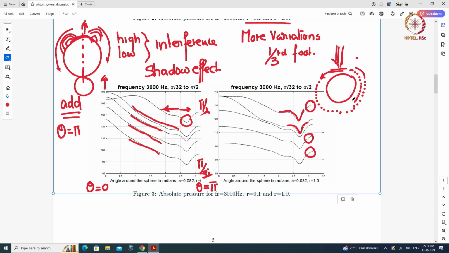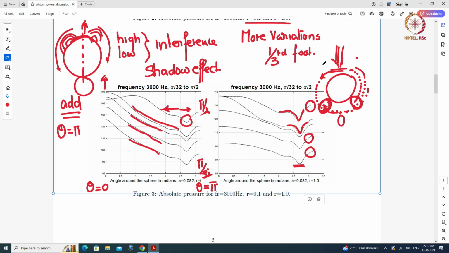But now as this wave from this side moves over to the left, it is in phase here, but a little distance away it is out of phase. So at some angle there is going to be a partial cancellation. Similarly on this side because of symmetry. So that is this cancellation.